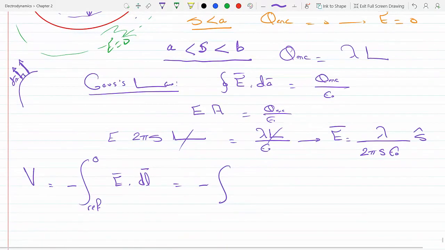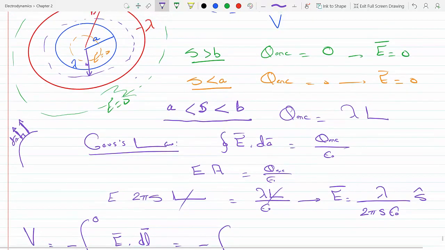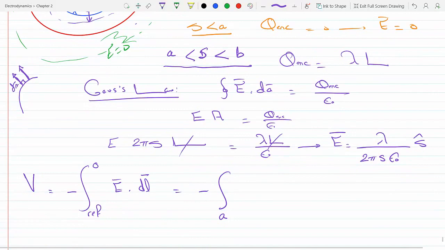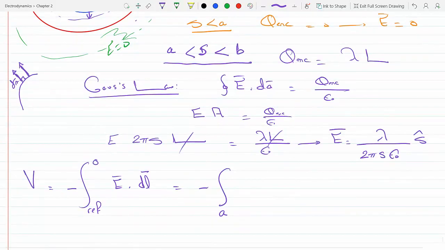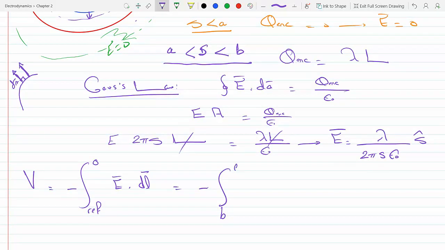So I could take this integral from B to A, E dL or E dS, minus, so I'm just splitting up the integral from A to 0 E dS.